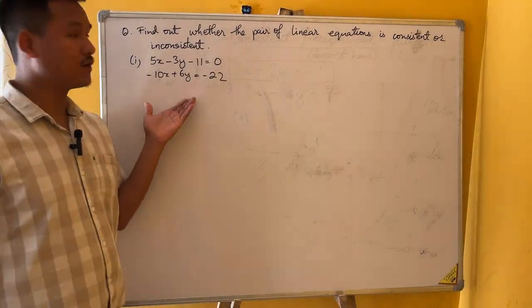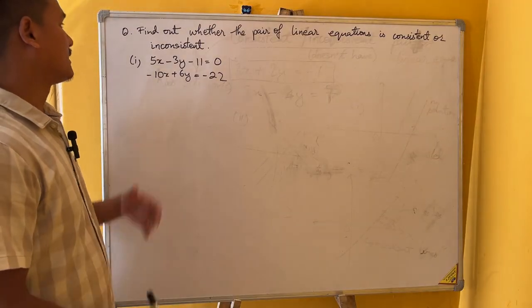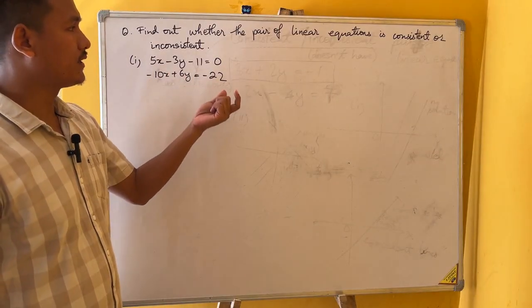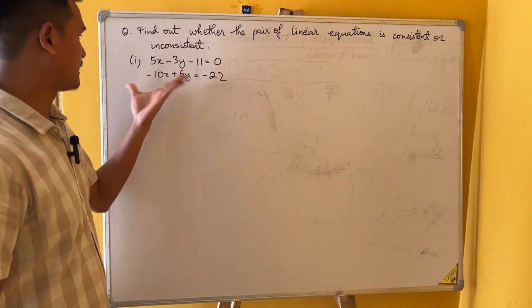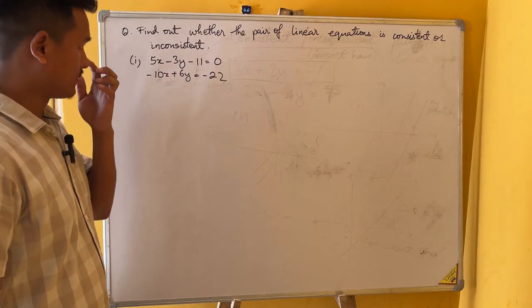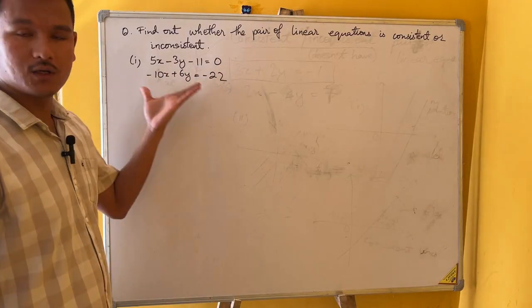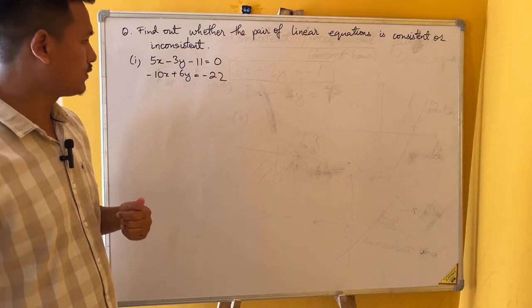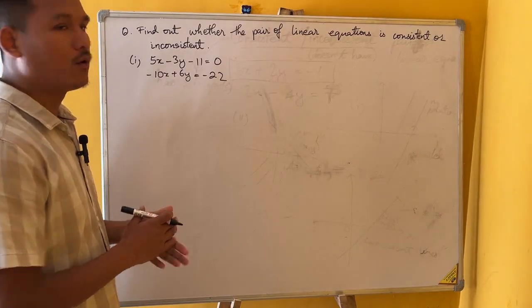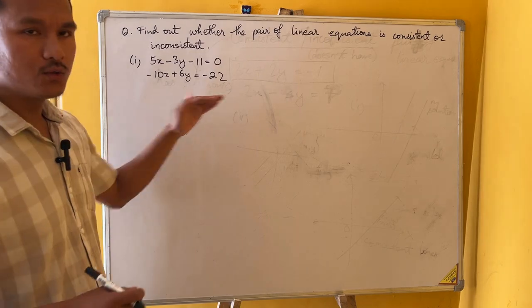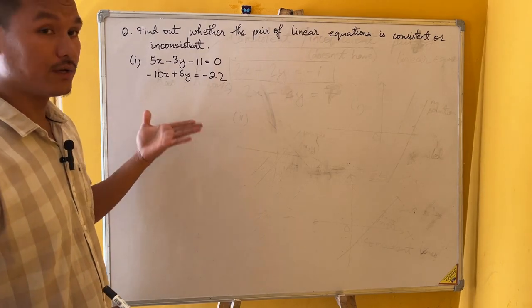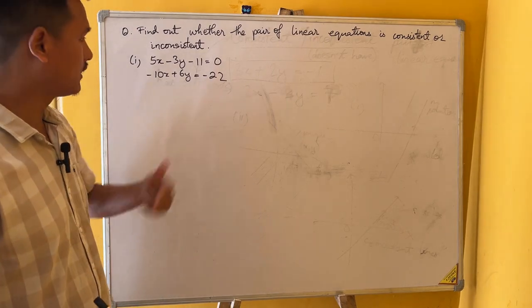All right, this is the question. It says find out whether the pair of linear equations is consistent or inconsistent. So that means whether they have a solution or they don't have a solution. And how do we do it? There's a little rule which I forgot to explain. Now I will show it while solving this one.